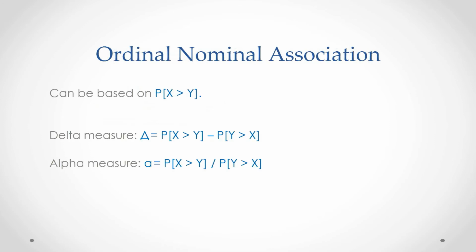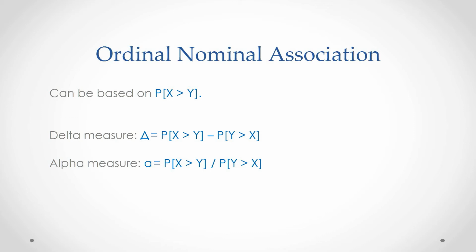Let us now move to a situation where we have ordinal nominal association. So, for example, we may be interested in comparing two groups, say men and women, in terms of a response variable having ordered categories.